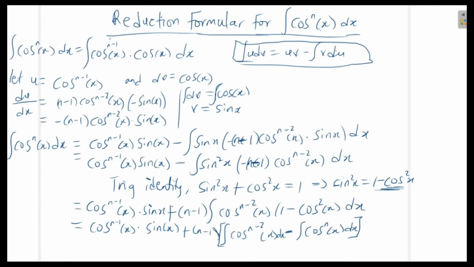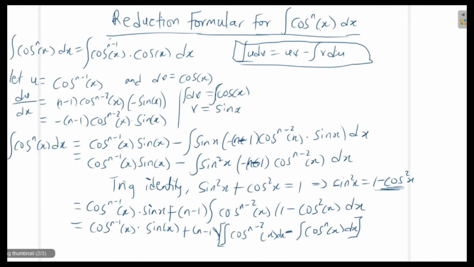So now we have this, and what we have in the square bracket is being multiplied by n minus 1. So I'm going to expand that one too with the n minus 1. So we have cos to the power n minus 1 of x multiplying sine x. That's what we have.